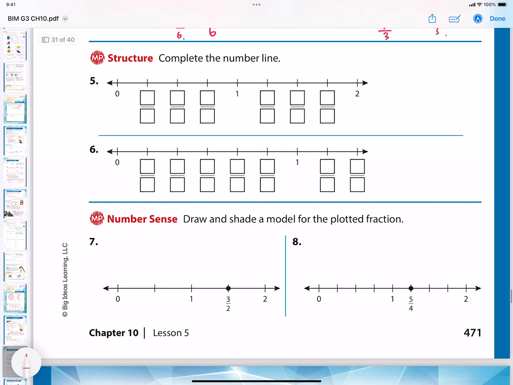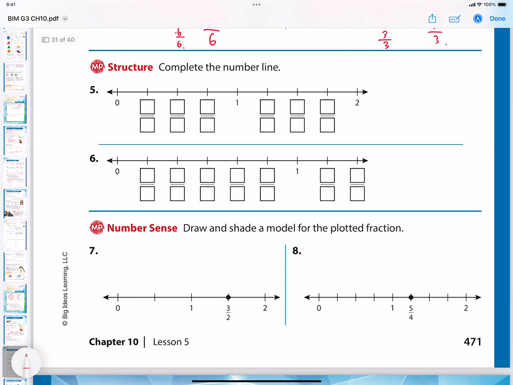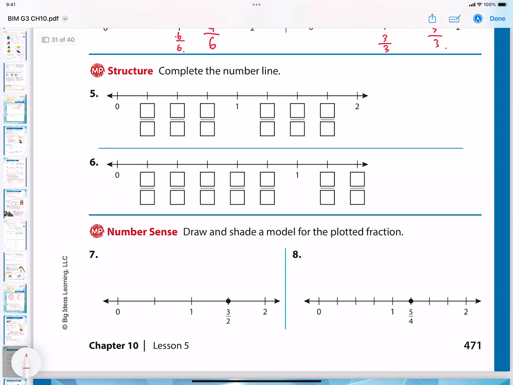Now number 5, complete the number line. Oh, they didn't tell us anything, but they gave us what? 1 and 2. And that's the clue already because they split it into these number lines. So this number line is divided into what? 4 in one whole. You see that?